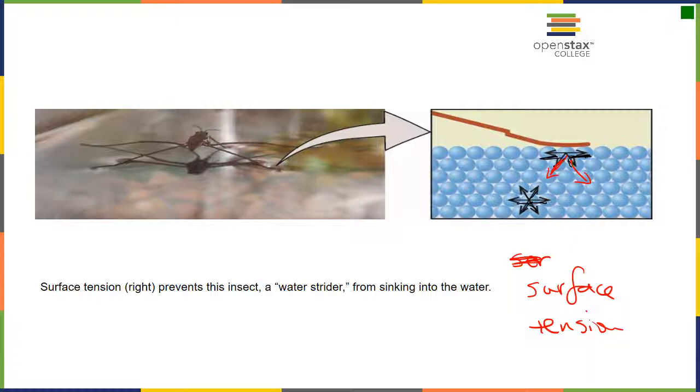Because the surface has a pull down, it's going to minimize the surface area and try to form a spherical shape. So surface tension is the force needed to flatten the surface, and it resists flattening because this net pull down forces the surface to have a spherical shape.